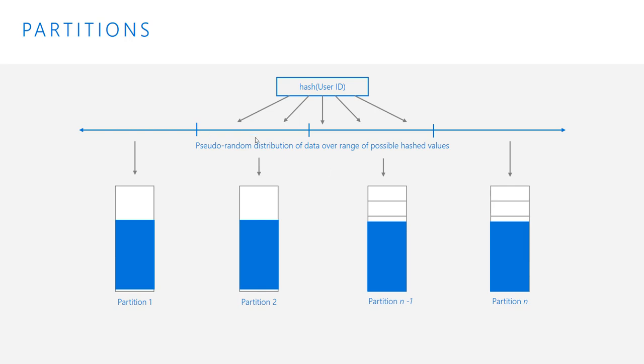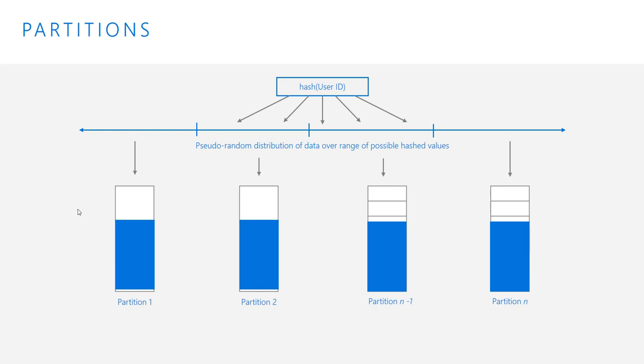So when you have a good partition key, all your physical partitions will look like this. They should look the same. If that is the case, then you are good. Your design is good. You will have a good throughput. You will have a good latency.